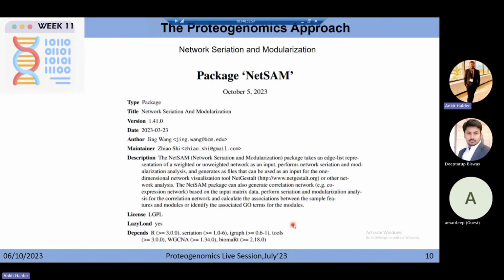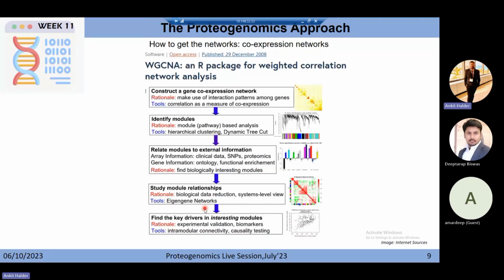Technically, we have discussed all these things in some way on different dates of the different weeks. Firstly, you understand how to make the correlation, then find the modules, then relate the modules to external information like clinical data, SNPs, proteomics, gene ontology, then the module relationships for biological data reduction and systems-level view, and finally the key drivers in the interesting modules.